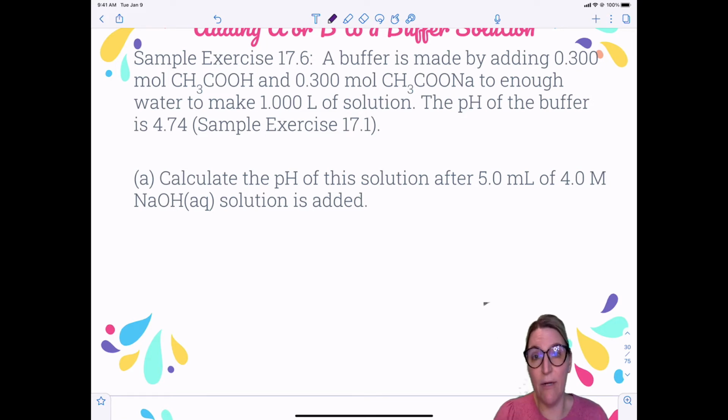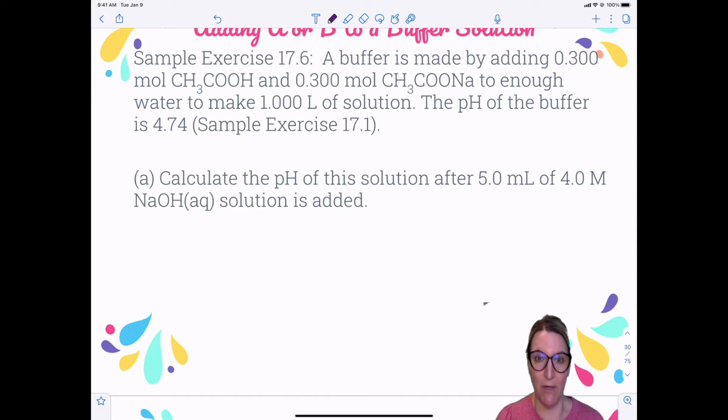Okay, so here's another example of a buffer solution, where we are going to add 5 milliliters of 4 molar NaOH. The question says a buffer is made by adding 0.300 moles of CH3COOH, that's acetic acid, and 0.300 moles of sodium acetate to enough water to make 1 liter of solution.